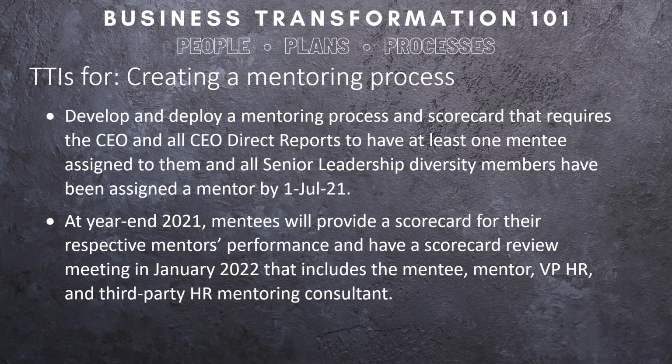The second TTI is at year end of 2021, mentees will provide a scorecard for their respective mentors' performance and have a scorecard review meeting in January 2022 that includes the mentee, the mentor, the VP of HR, and a third-party HR mentoring consultant.